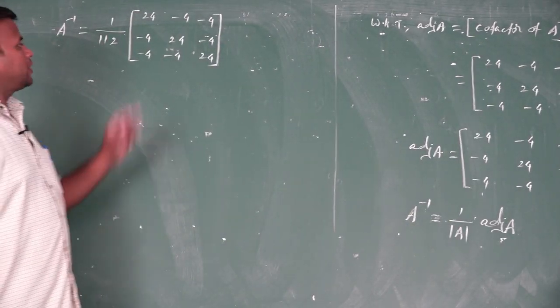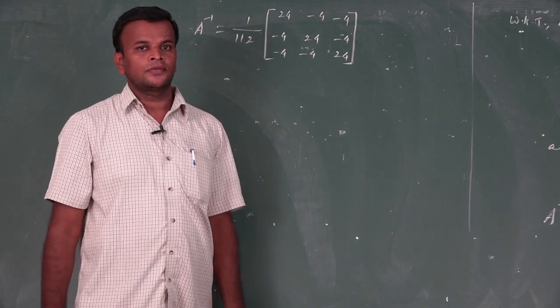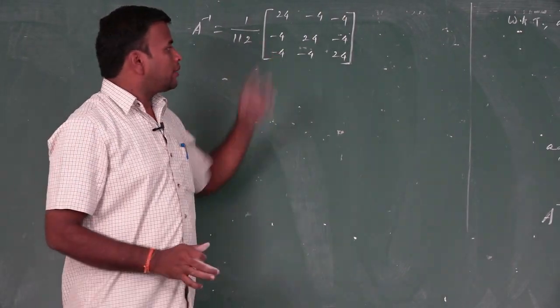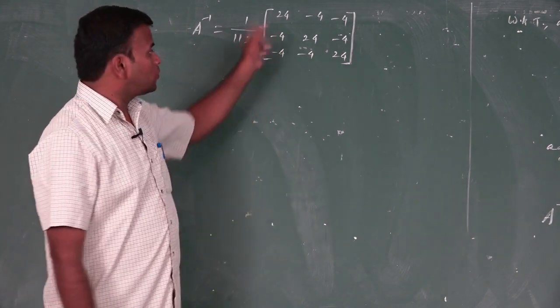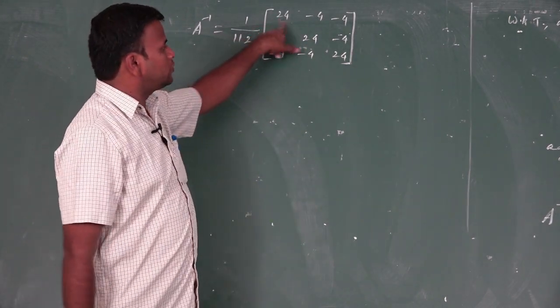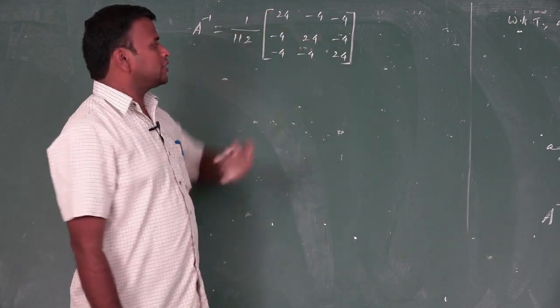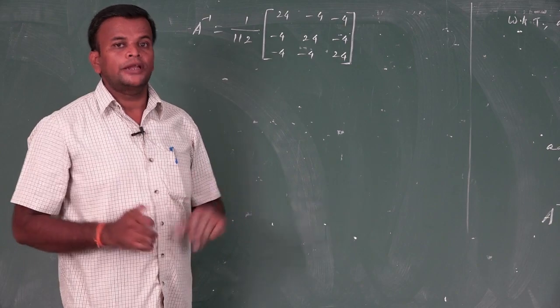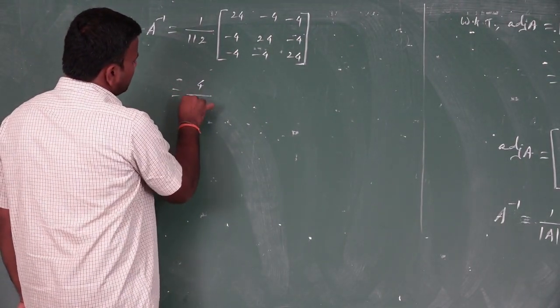You see, one number is common in each and every element of the given matrix. We must simplify. The common element is 4. 6 4s are 24, and all the remaining elements are 4 but the sign will change, so minus will come.